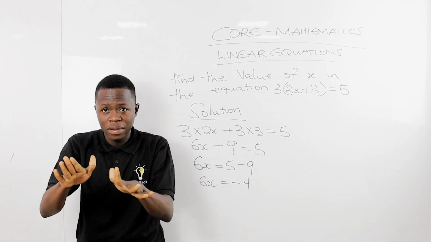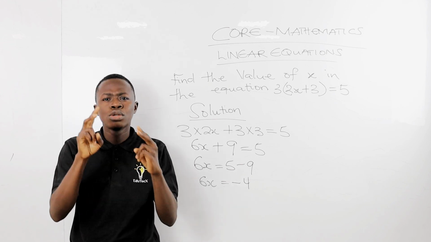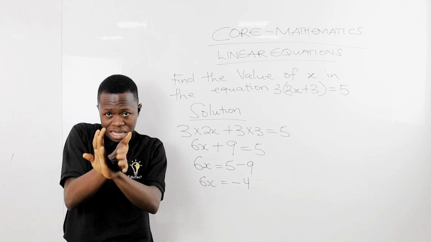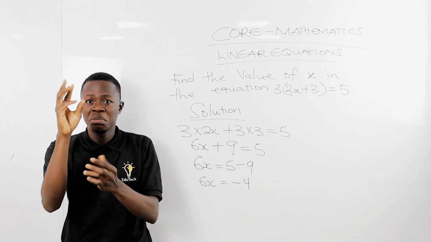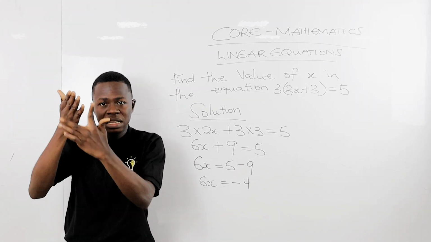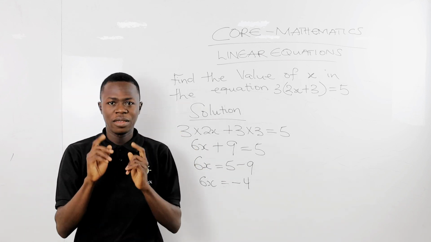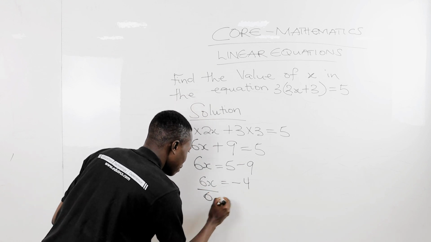And the third step, you remember, right, is to divide both the right hand side and the left hand side by the coefficient of x. And in this particular equation, the coefficient of x, the number, is 6, right? So we divide both sides by the number 6.